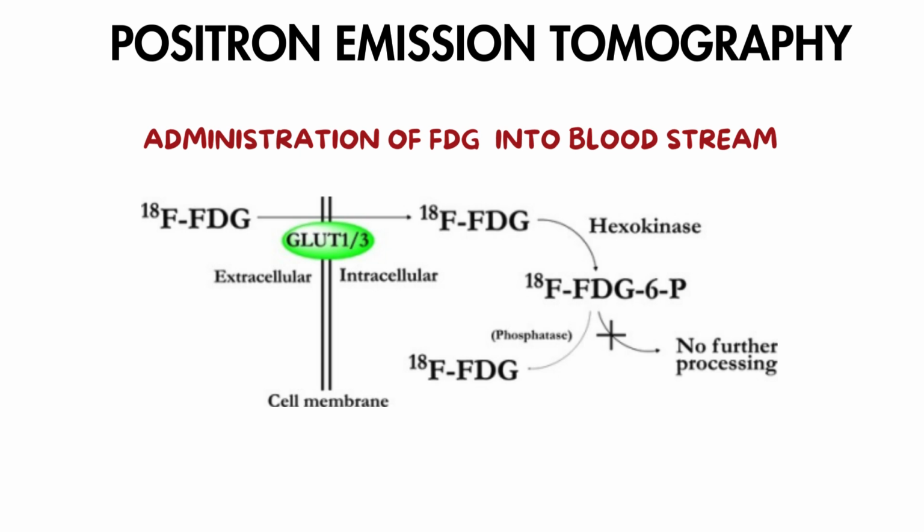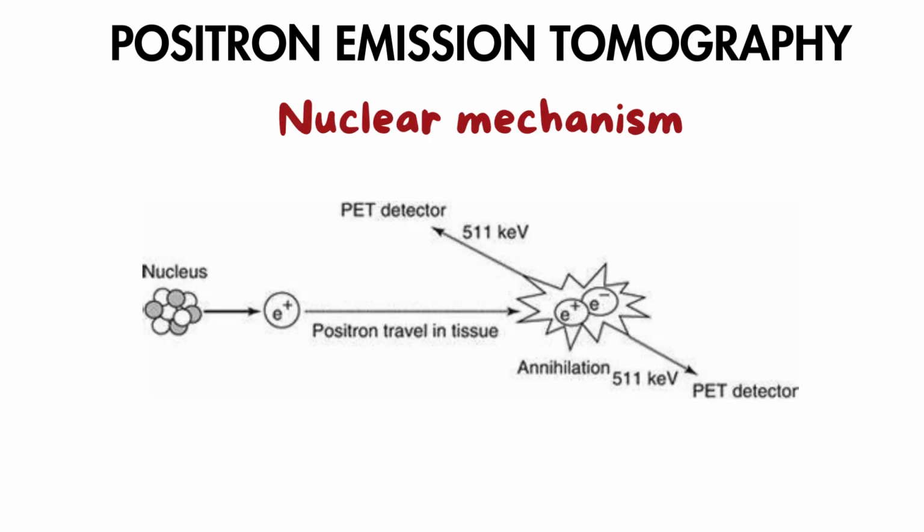Here the FDG molecule undergoes hexokinase action and converts itself into a phosphate. Now the glucose part of the FDG gets used, and only the fluoride radioisotope stays in the cell. So now, back to the physics. As the fluoride is now settled inside the cell, it is going to emit one positron.